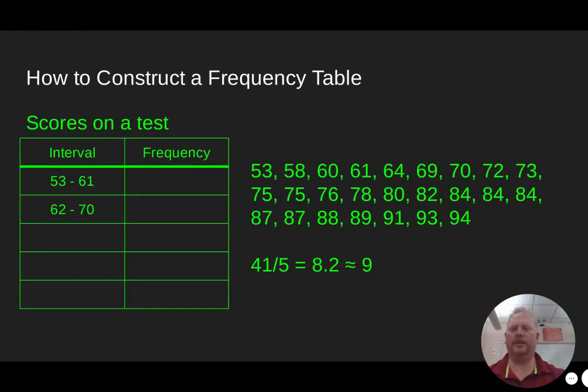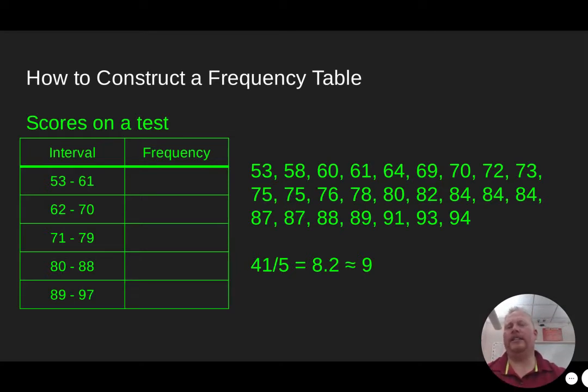So if I start at 62, then for my next one I add 9 and get 71, and just keep adding 9 for the beginning of each interval, and keep adding 9 for the end of each interval. If I take 70 and add 9, I get 79, then 88, then 97. So don't get stuck on the end of the interval having to match what we got right here. If that doesn't make sense, we'll work it out in class. This can be a little confusing until you get a handle on it.